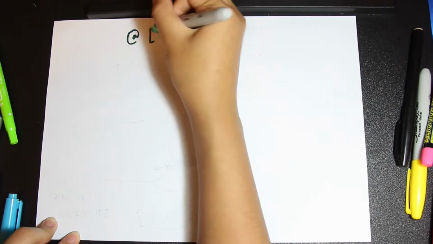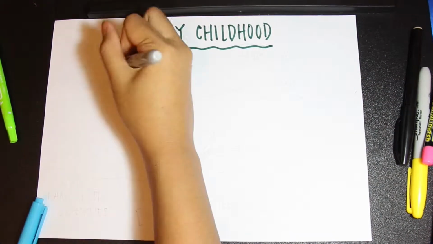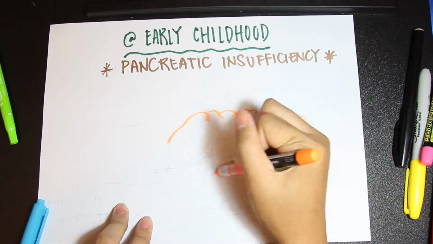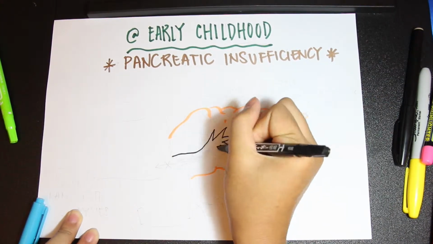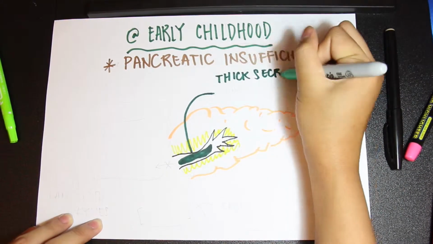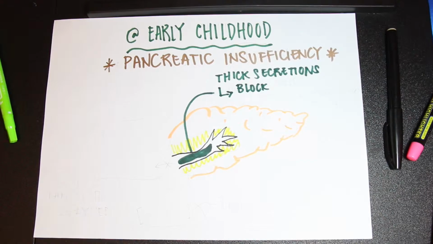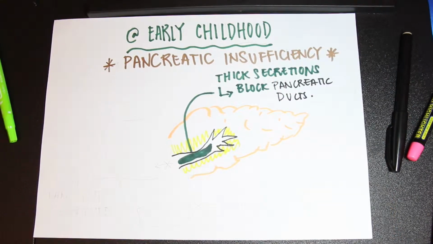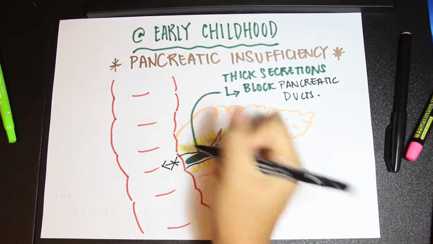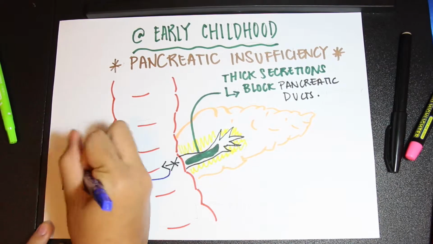In early childhood, pancreatic insufficiency is the most prominent effect of CF. This happens because the thick secretions jam up the pancreatic ducts, not allowing digestive enzymes to make it to the small intestine.